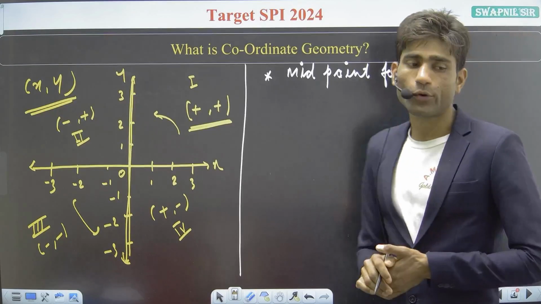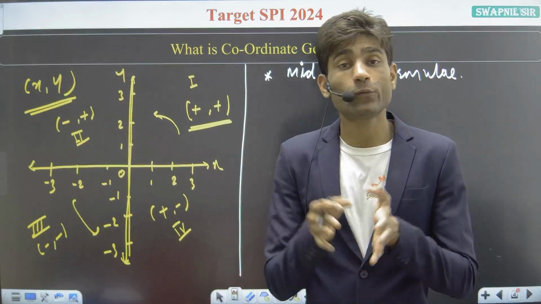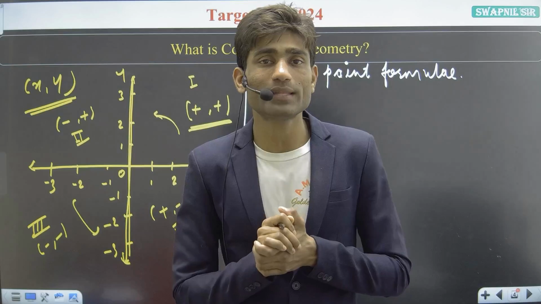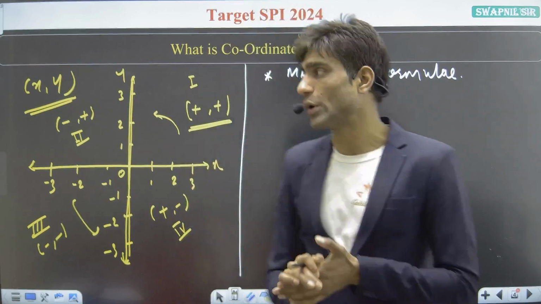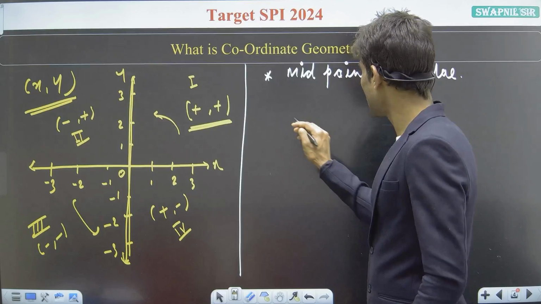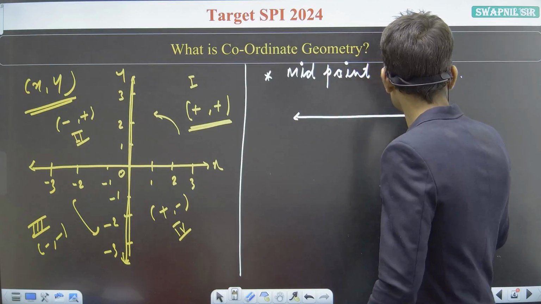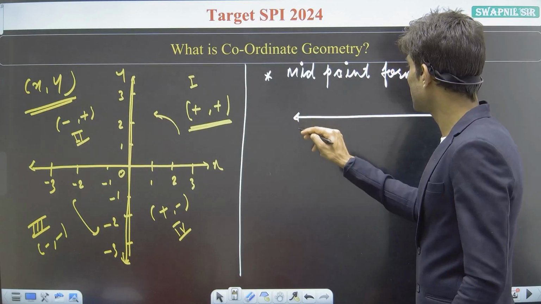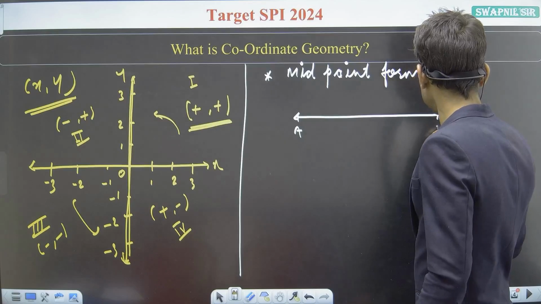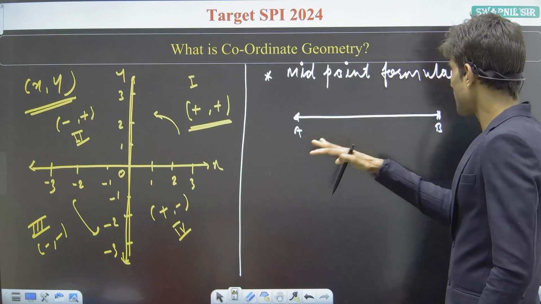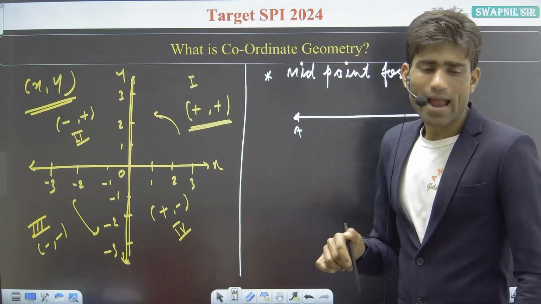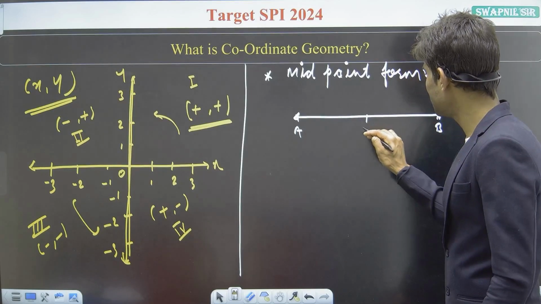Midpoint formula. Now see that we define the midpoint for any line segment. Consider any line segment and find out the midpoint by using its coordinates. I consider here one line segment, the segment AB. Consider this one is a segment, don't consider it a line. So we have segment AB, and I have the point C, which is the middle point.